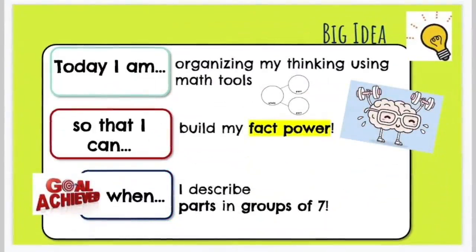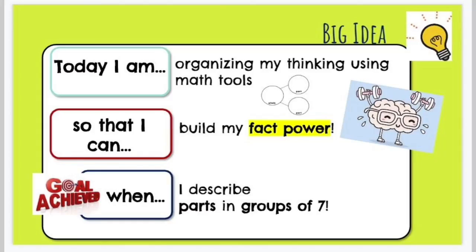So we're going to go ahead and move on to our lesson now that we have done a very good big warm-up. We're ready to go. We're conditioned and ready. Our muscles are warmed up. Today I am organizing my thinking using math tools so that I can build my fact power. Now that should sound familiar to you because that's what we've been working on in the last couple of videos.